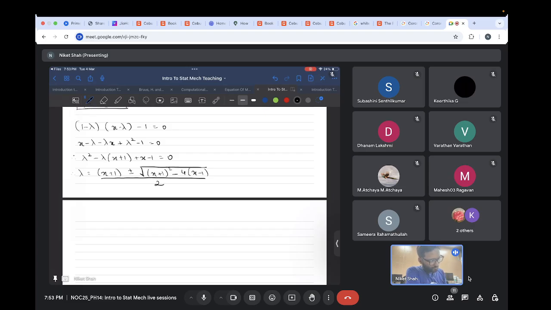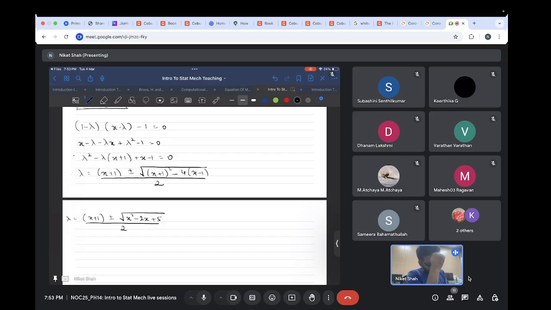Okay, so lambda is equal to x plus 1 plus minus square root of x square plus 2x plus 1 minus 4x plus 4, because there is a minus 4x outside. I'm basically directly evaluating the entire term. So x square minus 2x plus 5, divided by 2.